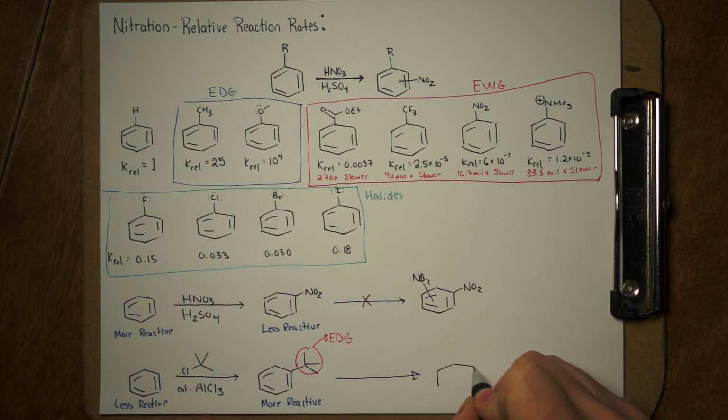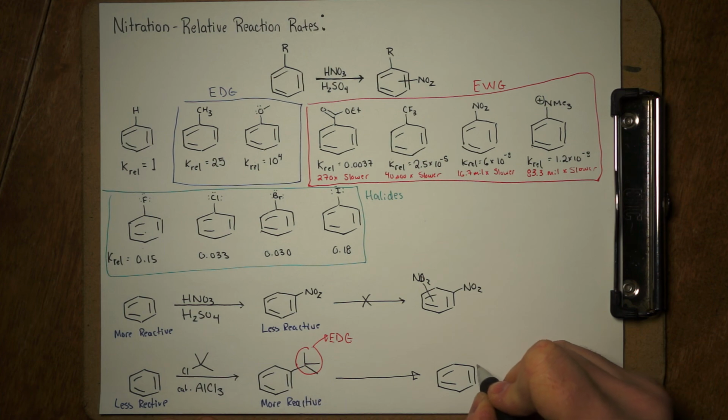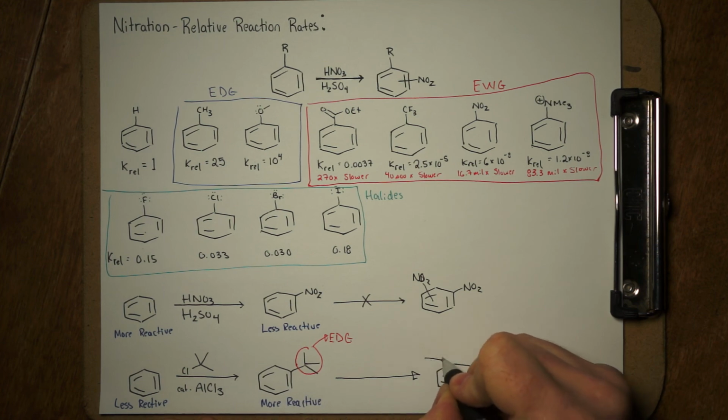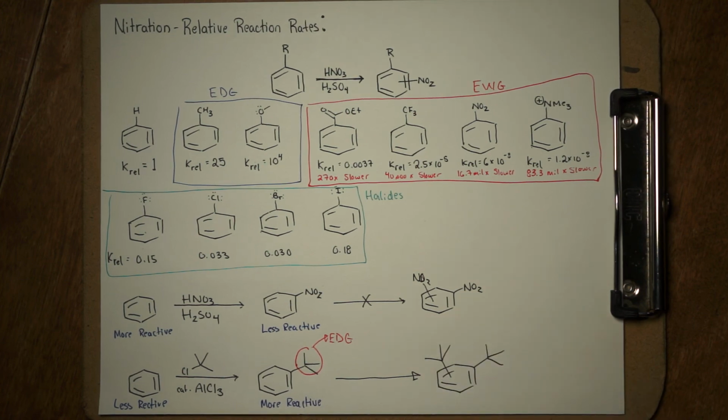And so what we'll see is that it's really difficult to stop alkylation once we add one alkyl group, right? Because the product we're making is going to be more reactive towards substitution than the starting material, right?